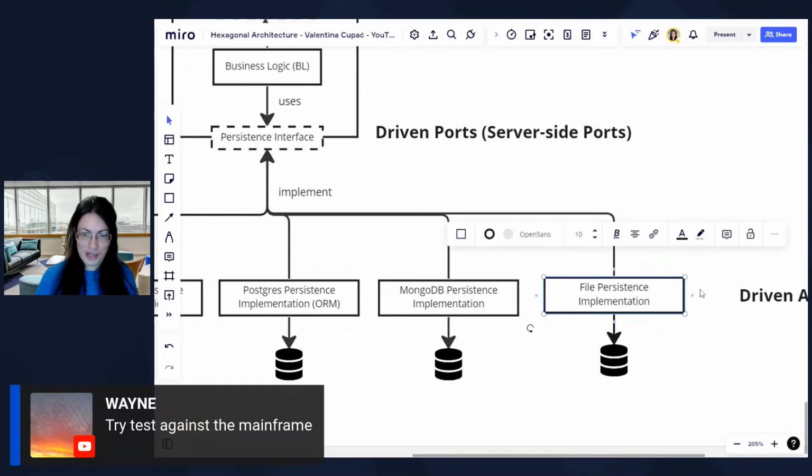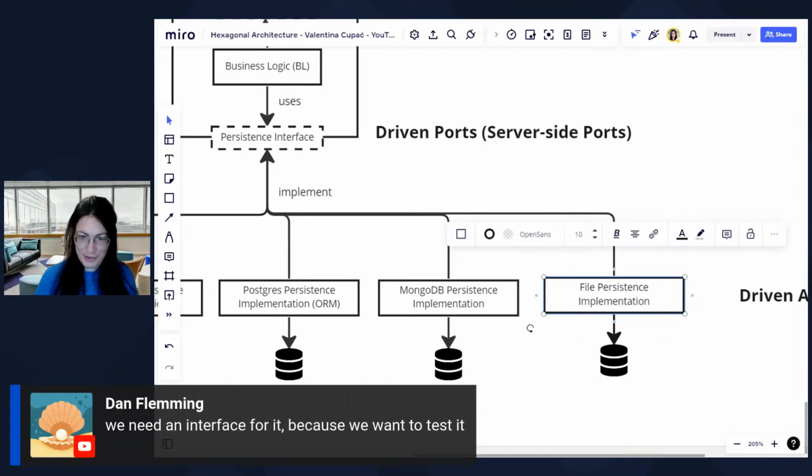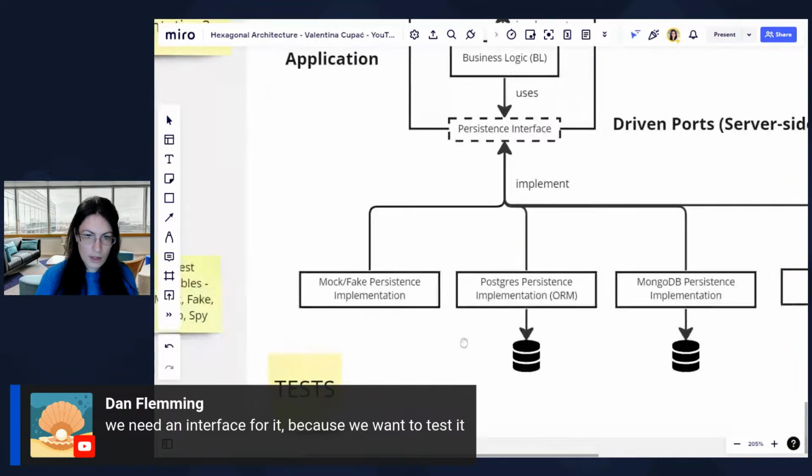Like we could also have an adapter for the mainframe. So I like this, not many people mention it. We need an interface for it because we want to test it. So I see multiple comments now about testing and interface, and I will get to tests for this interface as well. So maybe I'll do that right now.